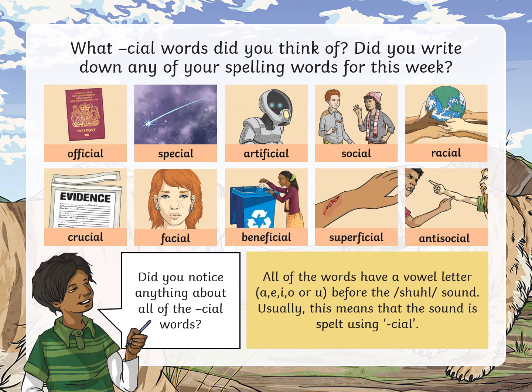So official is an I, special E, artificial I, social O, racial A, crucial U, facial A, beneficial I, superficial I, antisocial O. All of them have a vowel before the cial sound. And what this usually means is that any word with a vowel, I say usually because there are exceptions, the sound will be spelled with a C, cial.